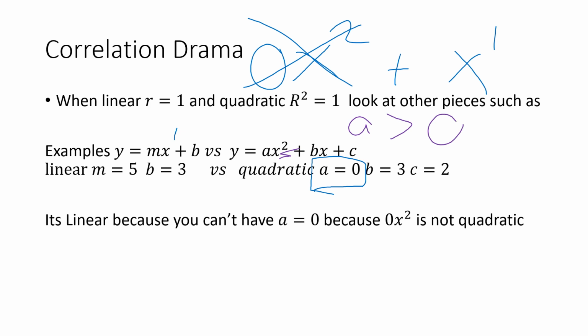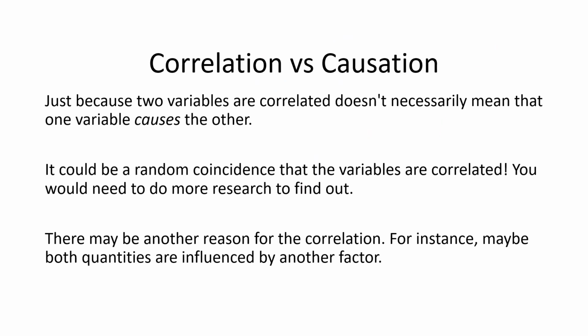Again, one more time. If R is 1 for both linear and quadratic, look at quadratic. If a is 0, it is not quadratic because 0 to any power is 0. And quadratic has the exponent 2. You need the exponent to be 2. 0 to the second power is 0, so it's not quadratic. Alright, I think I said enough about that. And you guys are good with correlation and causation, so I'm not worried about that.